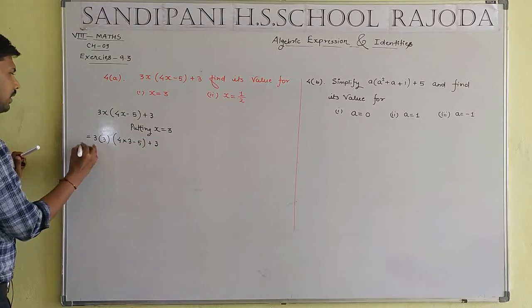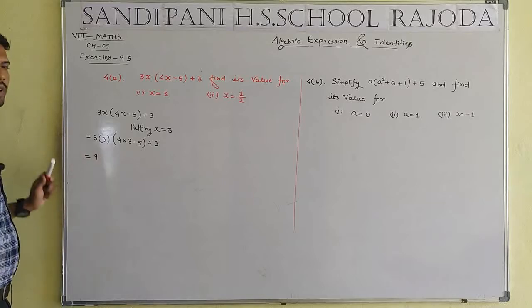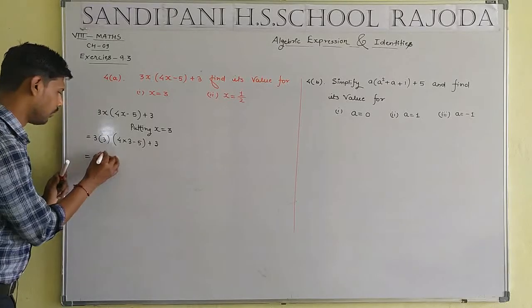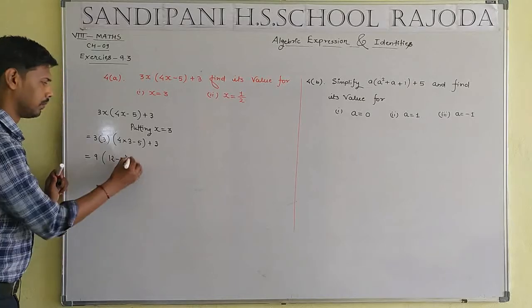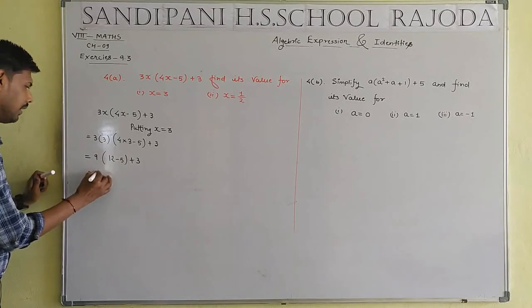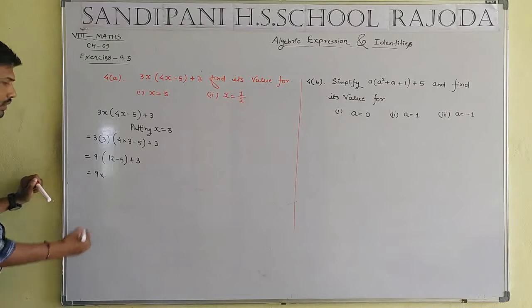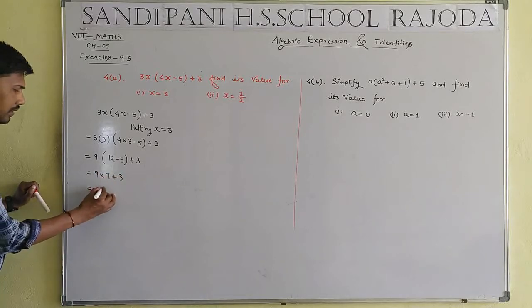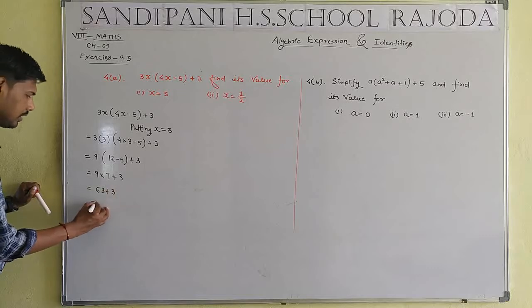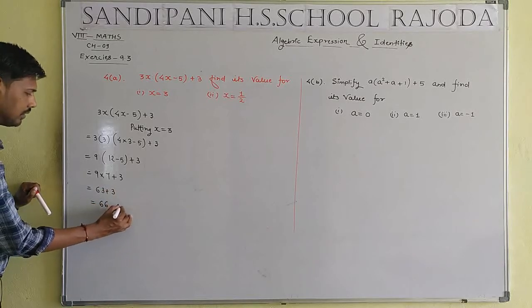Okay student, 3 into 3 will be equal of 9, 4 into 3 equal to 12 minus 5 plus 3. 9 into 12 minus 5 will be equal of 7, and 7 into 9, that means 63. 63 plus 3 will be equal of 66.